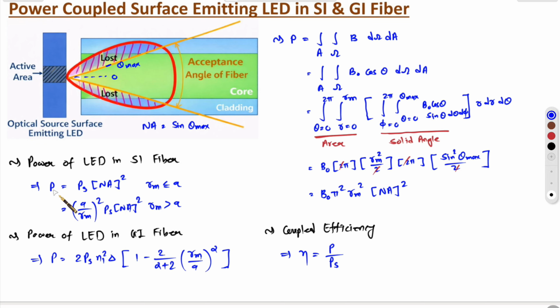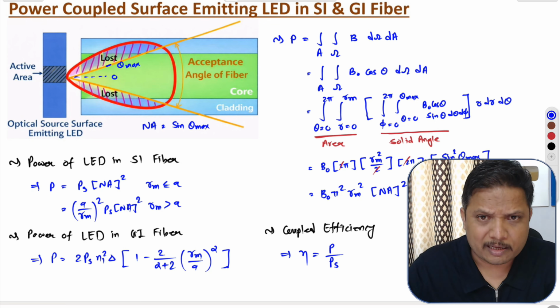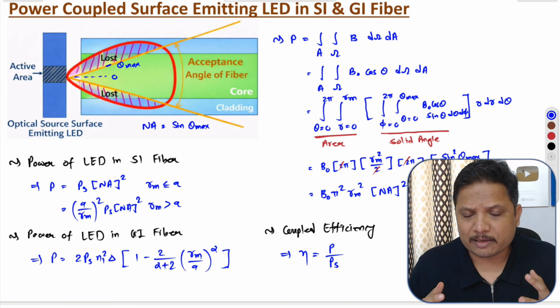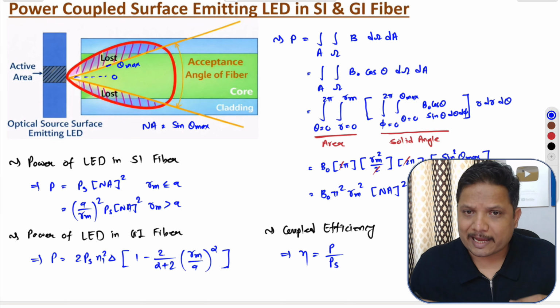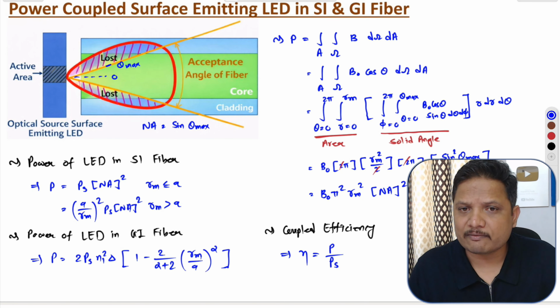So if you take a ratio of P divided by PS, then one can calculate coupled efficiency of given power coupled by source in SI and GI fiber. And if you don't use connectors, in that case, you will be getting lower efficiency. So in next coming videos, I'll explain different connectors of optical fiber that will improve your understanding further.